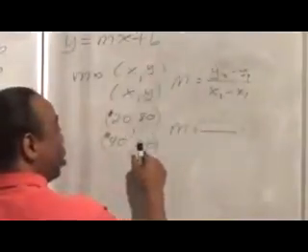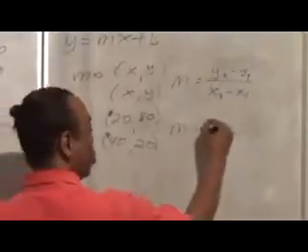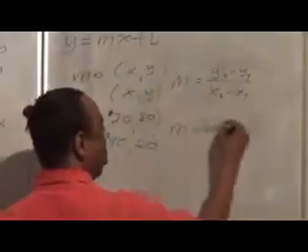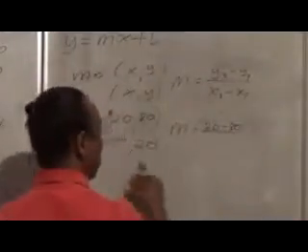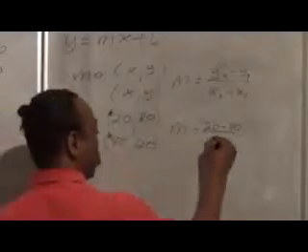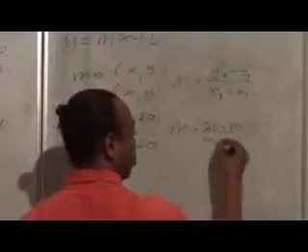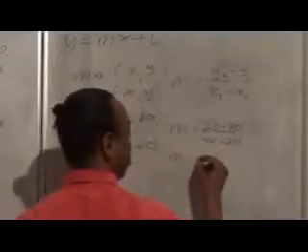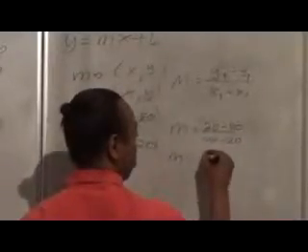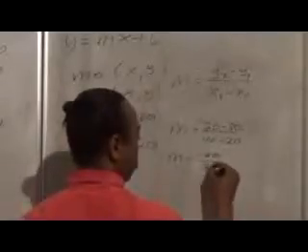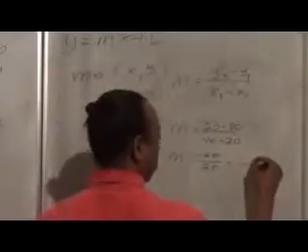So I'm going to take, this is y2, this is y1, this is x2, and this is x1. So we get a slope of -3.